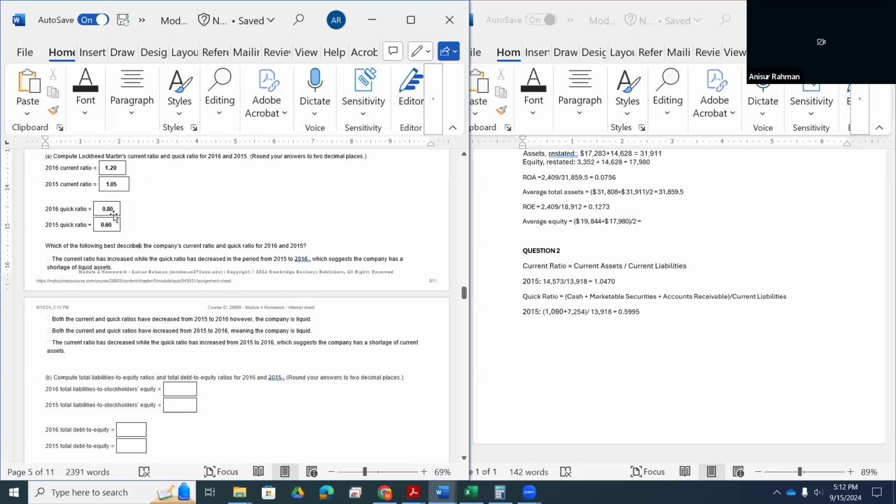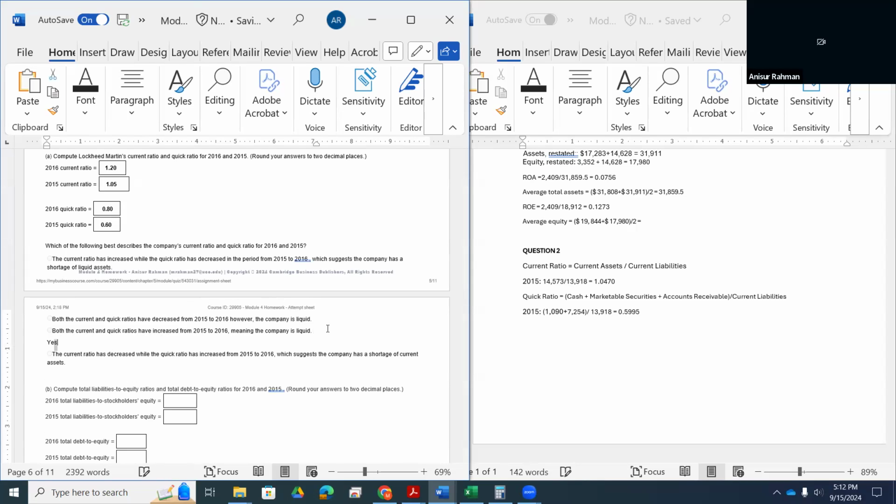Quick ratio also increased, in fact, so that is not true. Both the current and quick ratios have decreased. That is not true. Both the current and quick ratios have increased. Yes. The current ratio has decreased. That is not true.